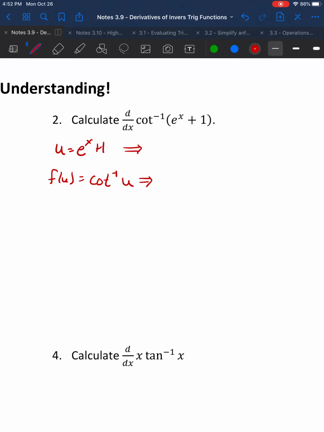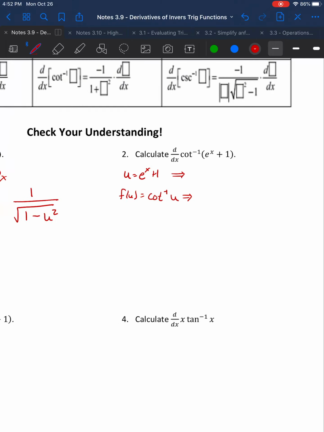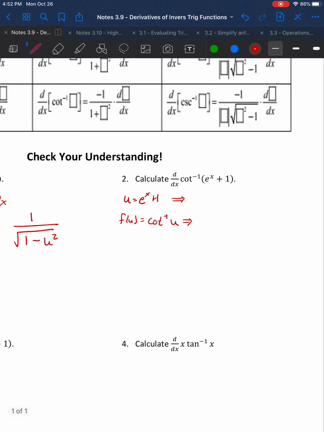So u prime is e to the x. Inverse cotangent of u, I'm going to use my formula. Then we multiply these, u prime times f prime of u.